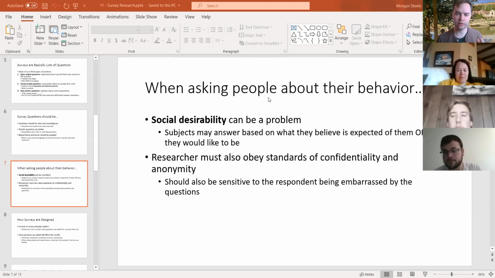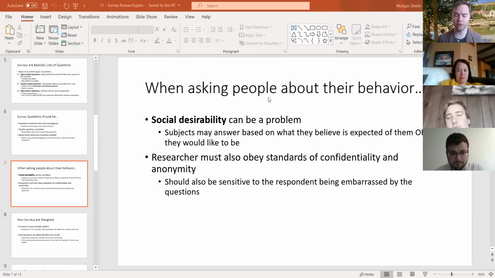And this is where the design and the ethics behind the survey come into play, because someone's going to be more honest when they are anonymous, okay? And even if they're not anonymous, the researcher has to promise that they are going to keep their responses confidential.